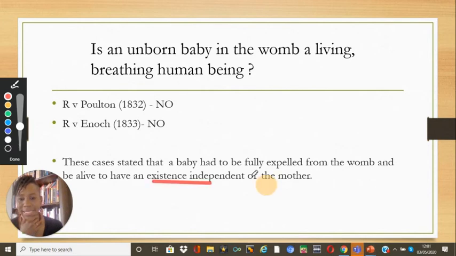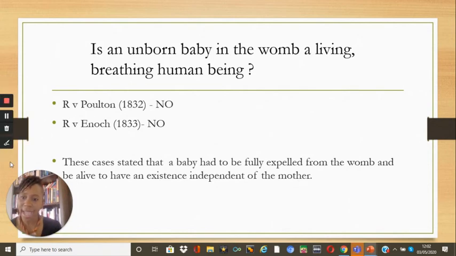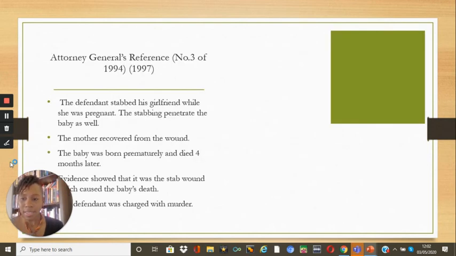So they're saying if the baby is in the womb, the baby does not have an existence independent of the mother. And for us to recognize the baby as a living, breathing human being, the baby needs to be fully expelled from the womb. Now, what does that mean and what implications does it have for other cases?